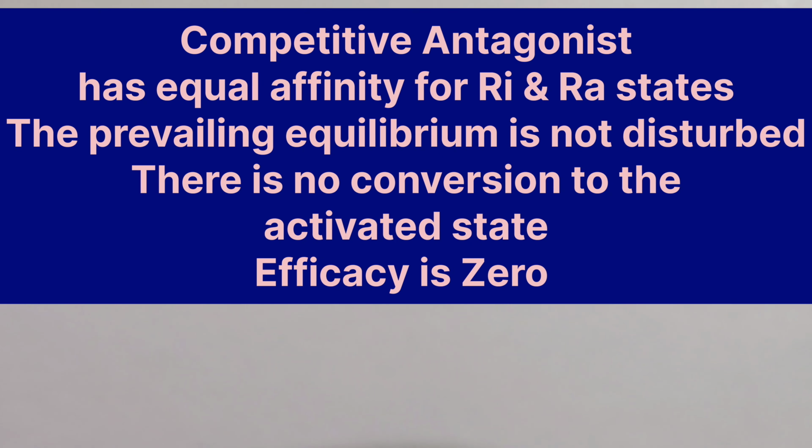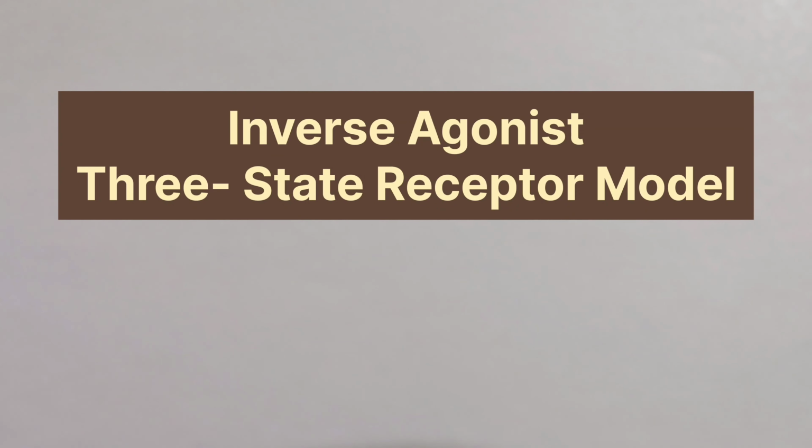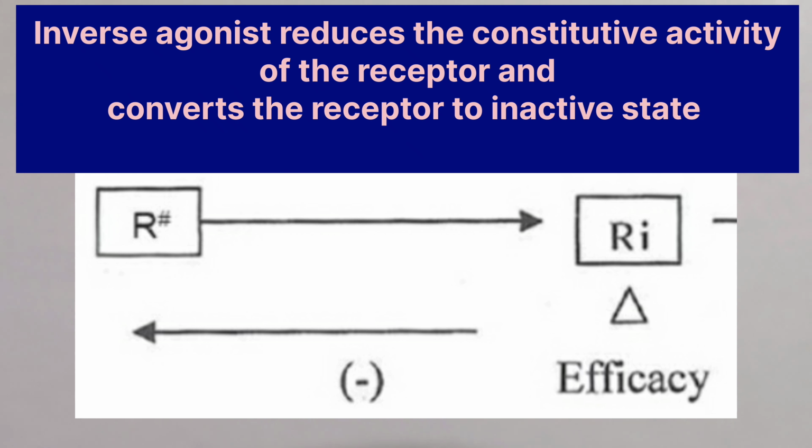Next is the inverse agonist. The interaction between an inverse agonist and the receptor is explained by a three-state receptor model. According to the three-state receptor model, there is a third state of the receptor where the receptor shows constitutive activity or spontaneous activity.